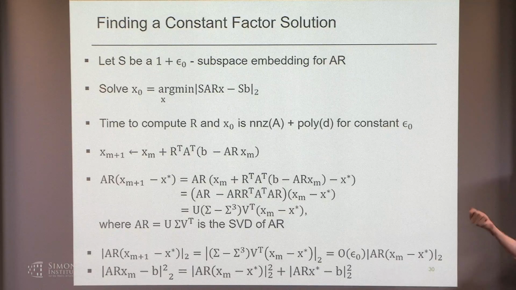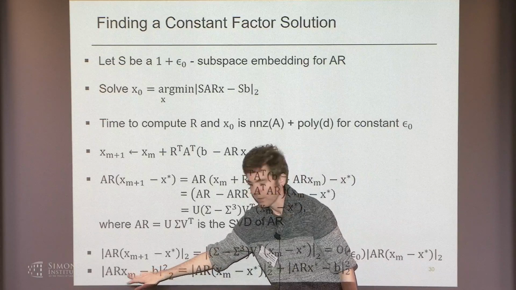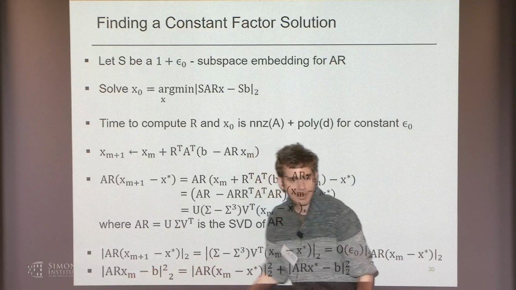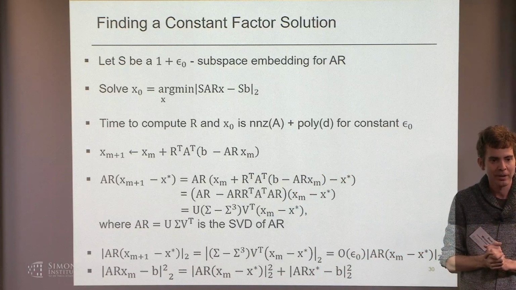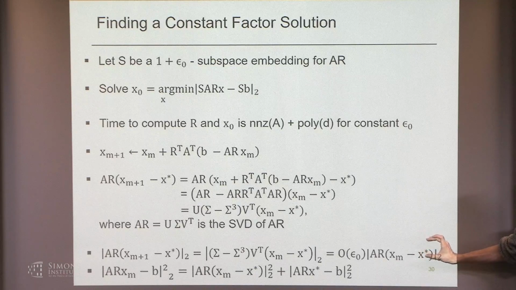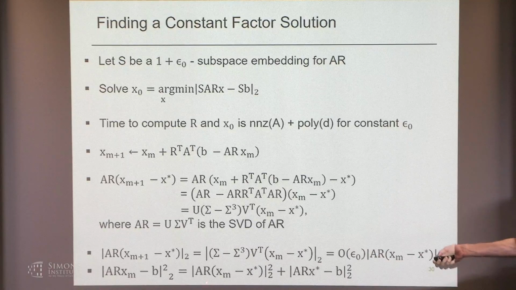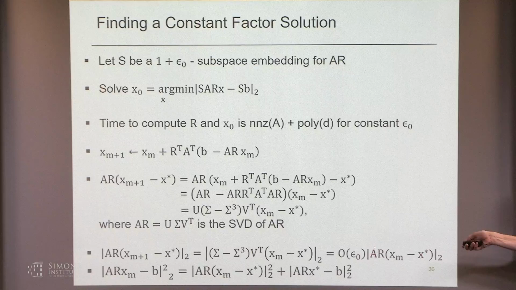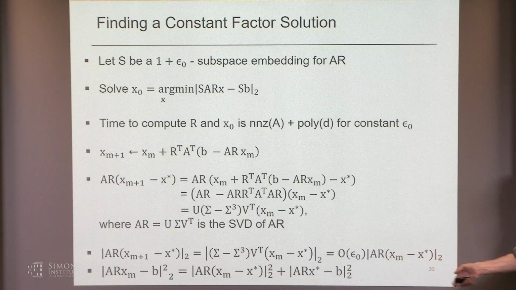Now we said, let's take those two quantities and run gradient descent. This is a gradient descent algorithm. At the end of the day, if you output x_m, where m is about log 1 over epsilon, then the claim is that you get a 1 plus epsilon approximation. Why is that? Maybe I didn't emphasize it enough. On the second line here, this relates the (m+1)th iteration to the mth iteration. I can apply it again and get order epsilon naught squared times AR x_{m-1}, and I can keep applying it.